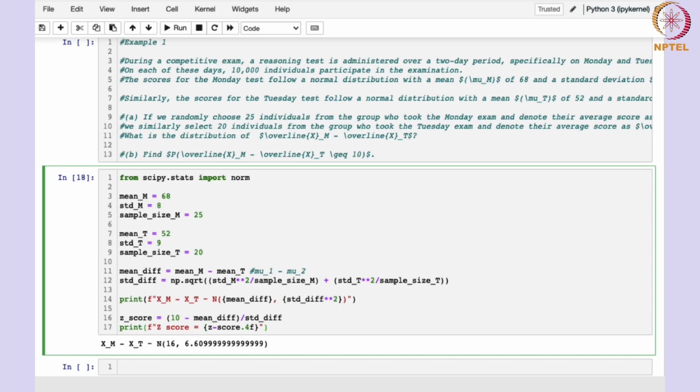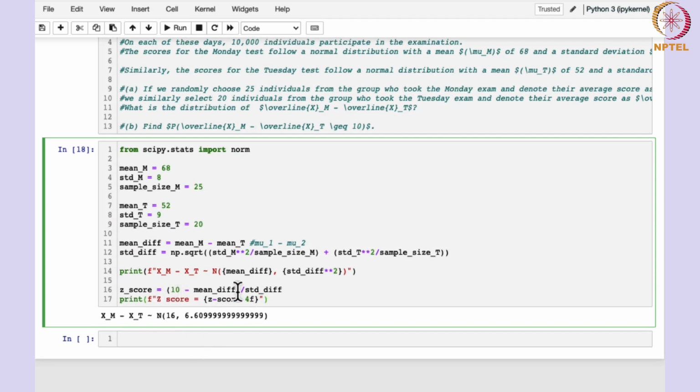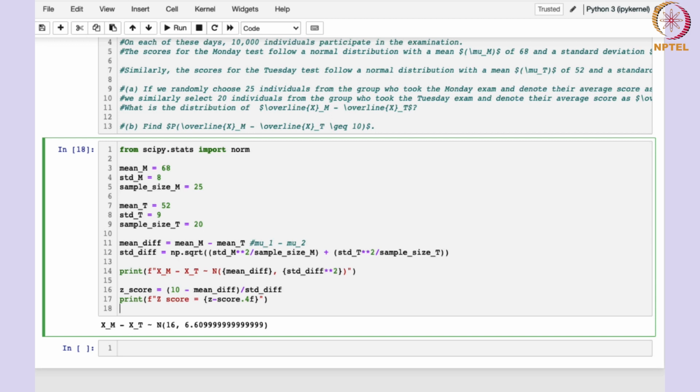So this would be evaluated and it will print the corresponding z-score from this line. Now it will calculate the probability: 1 minus norm.cdf of z-score. Z-score is what you have defined just now.